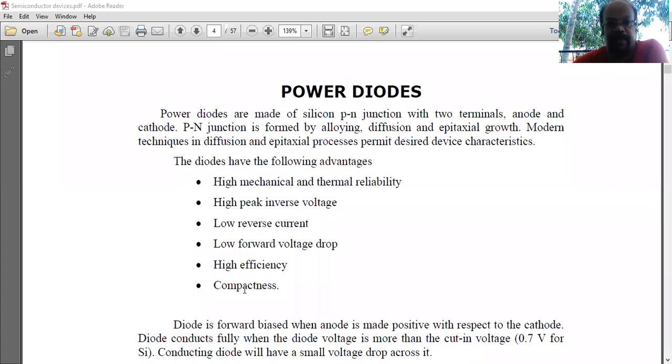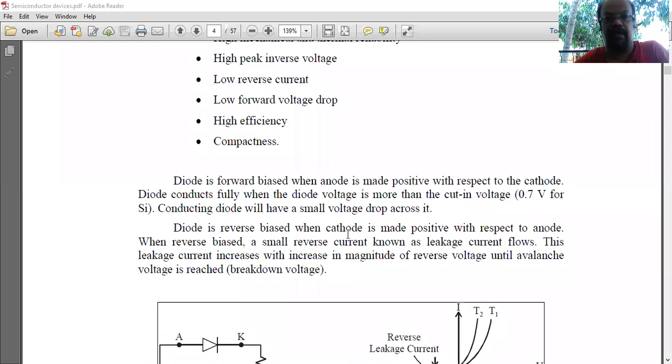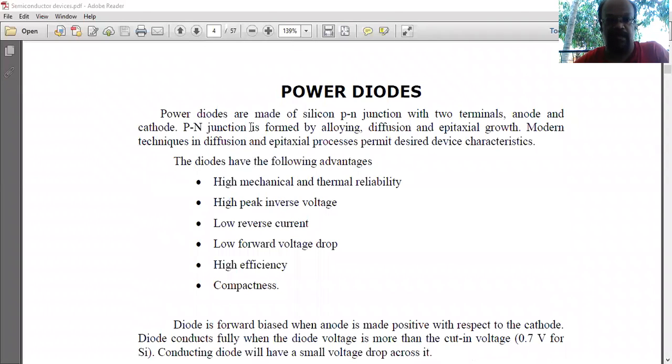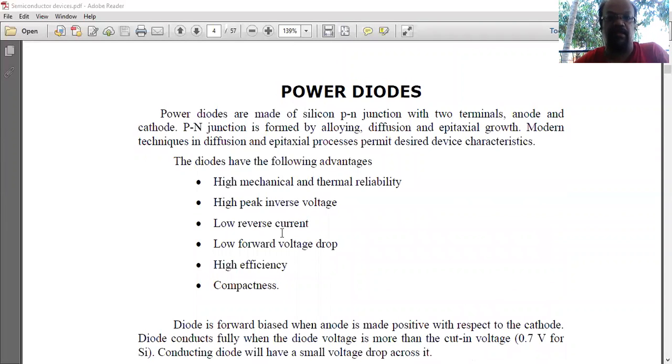And of course compactness. For the same power rating compared to any other devices, it has very high compactness. This is basically a silicon PN junction diode with two terminals, anode and cathode. So these are all the advantages.